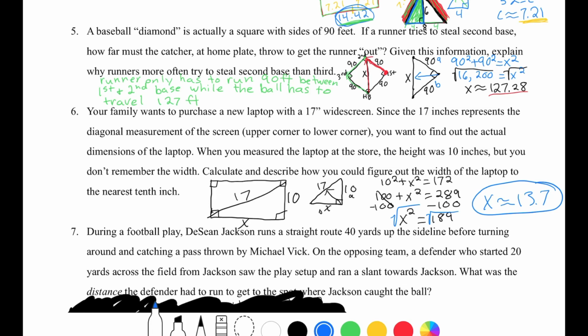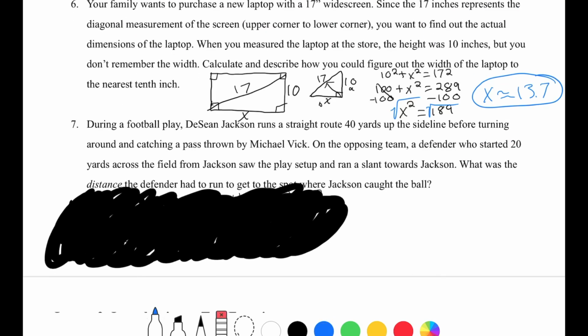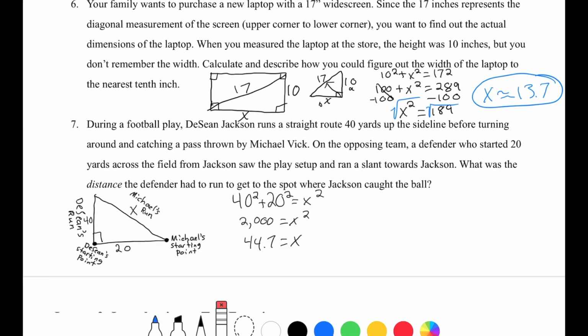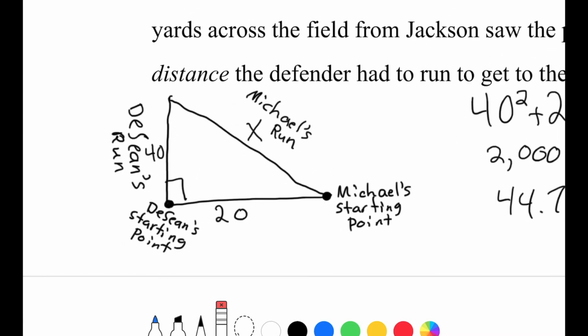All right, pause your video and attempt number 7. You should have gotten for number 7, 44.7. So I went on ahead and wrote which side was meaning what. So Deshaun was starting here and ran 40 yards, and then turned.